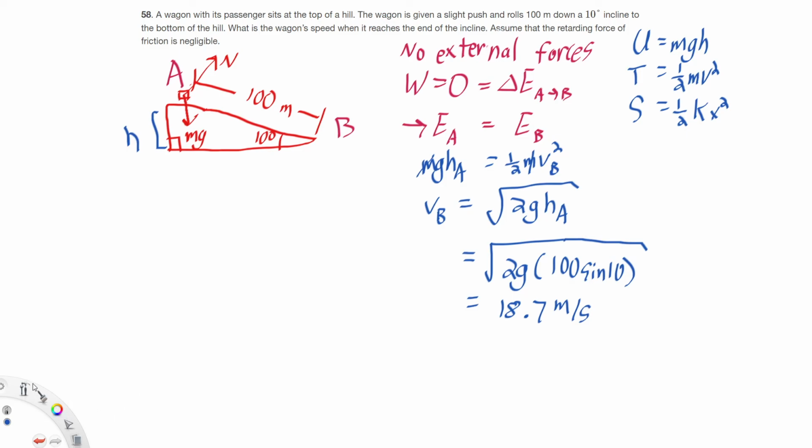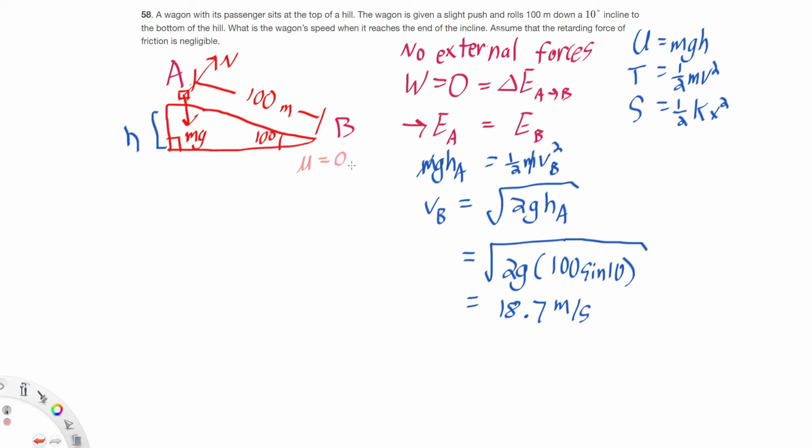I actually want to redo this same problem, but I want to put friction back in. So let's do a quick force analysis. And let's say that the coefficient of friction between the cart and the hill is low, but not 0.